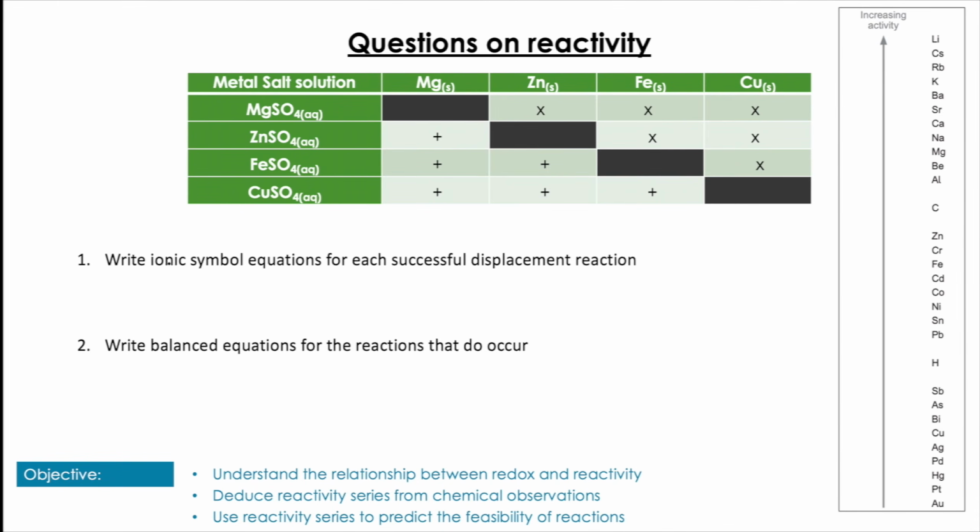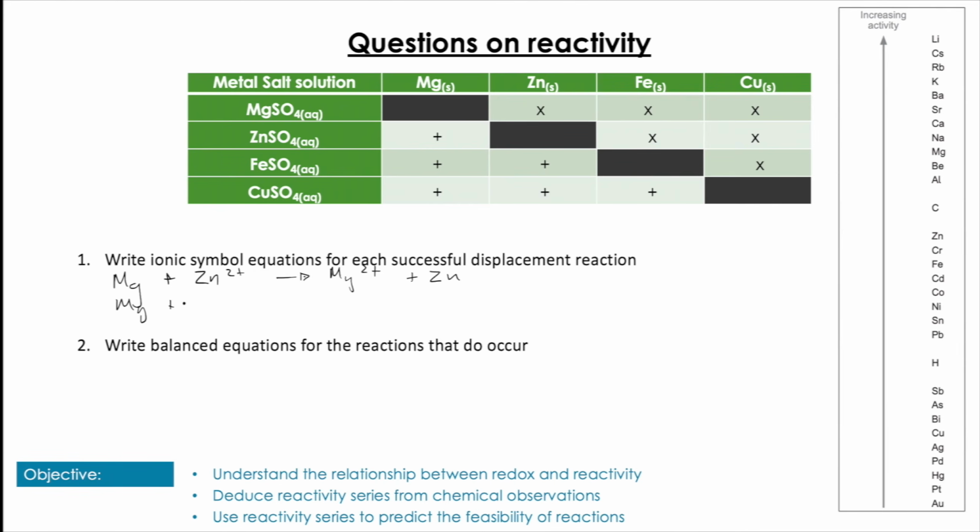Brilliant. So let's go through a couple of the ionic equations. So we're going to have Mg plus Zn2+ for the example of the first reaction goes to Mg2+ plus Zn metal. And that same structure, because these are all 2+ metals, is going to continue down that column.